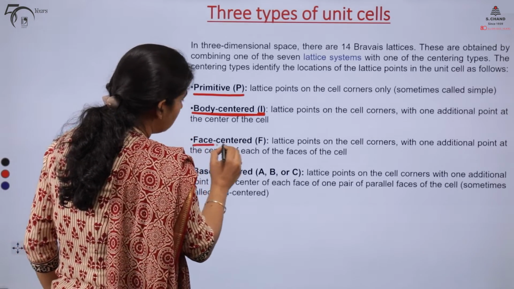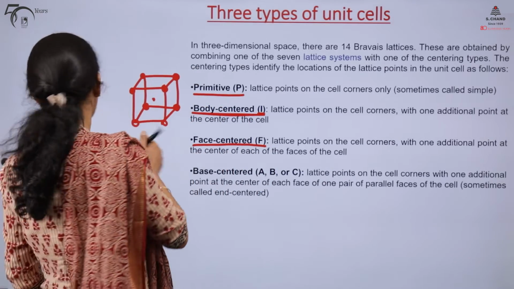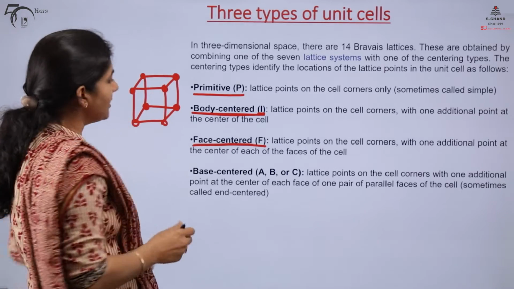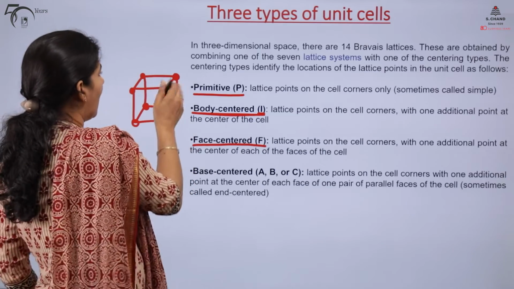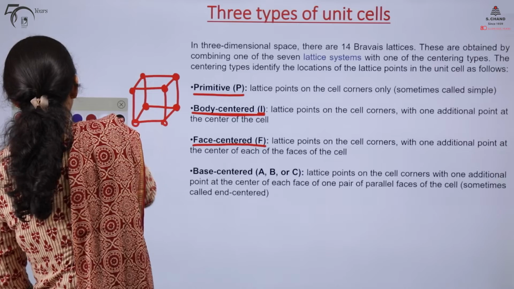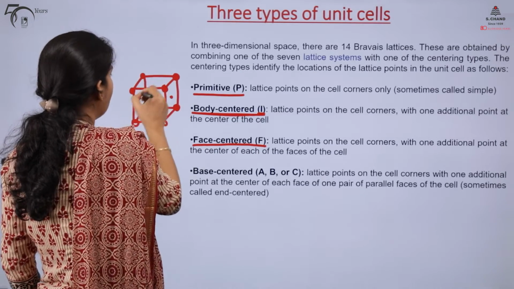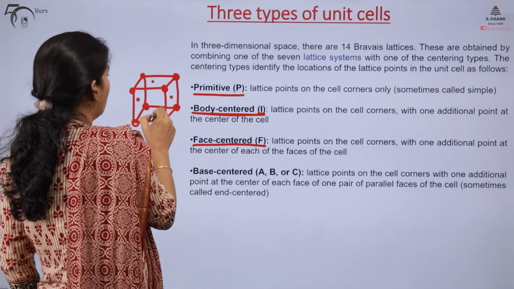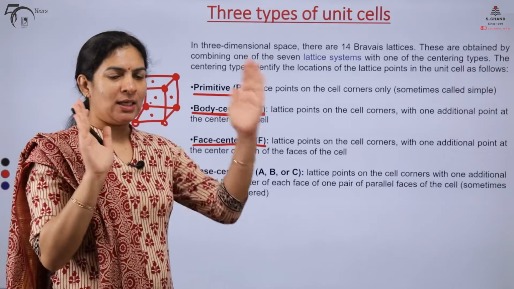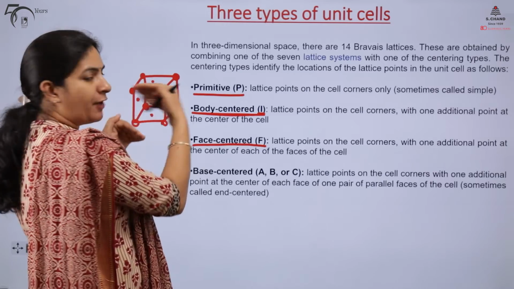This forms the body centered cubic structure or unit cell. There is another type of unit cell which is called face centered. What do we mean by face centered structure? In face centered, in addition to the atoms at the corners, we have atoms at the faces: right and left, top and bottom, and front and back.